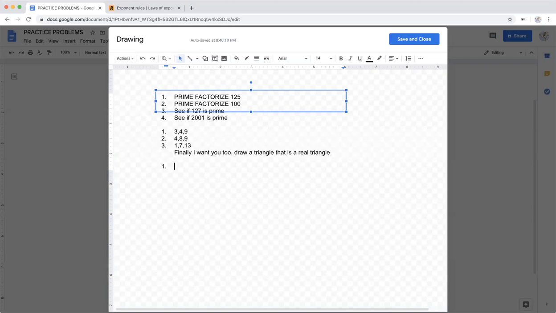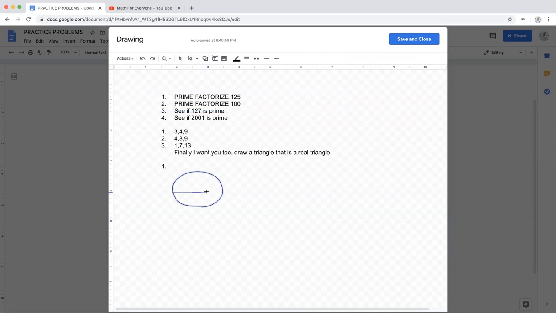Now, the next topic I'm going to do is a problem on circles. So I'm going to draw a circle for you. Sorry about that. Radius R is equal to 4, and find the area and the circumference. And for the second one, you just have to find the area.